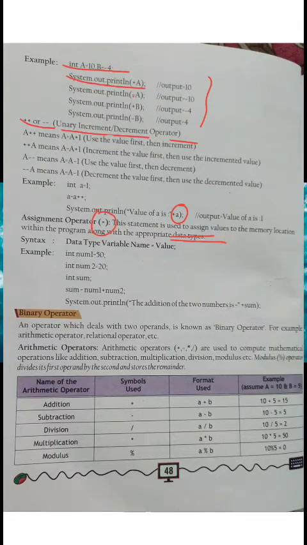Now let's see the syntax, how we write the assignment operator. The syntax is data type, variable name, equal to, value. Here integer is the data type, number1 is the variable name, is equal to the value 50.